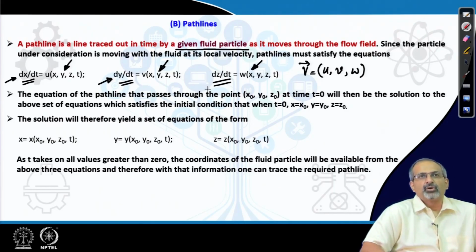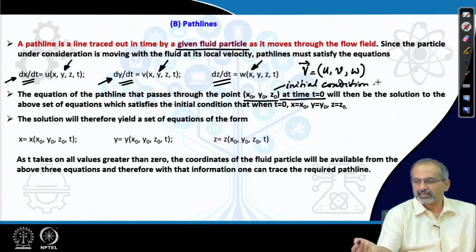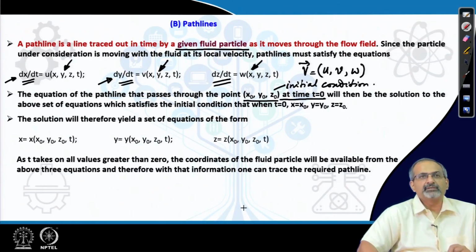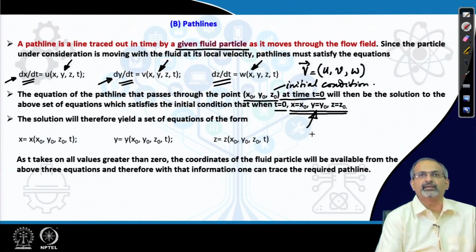The equation of the path line that passes through the point x0, y0, z0 at time t equal to 0, you remember that this was part of the initial condition, will then be the solution to the above set of equations which satisfies the initial condition that at t equal to 0 these were the values. That means at t equal to 0 the particle was located at this location, and subsequently the locations changed.